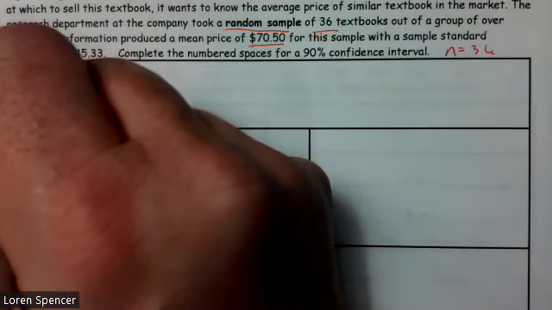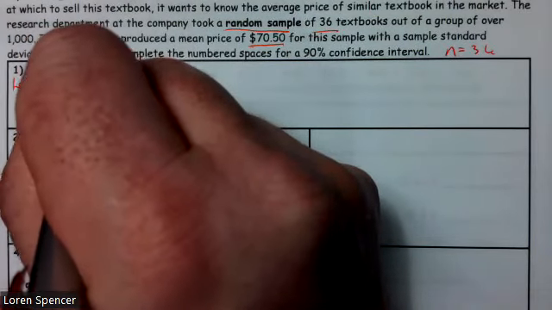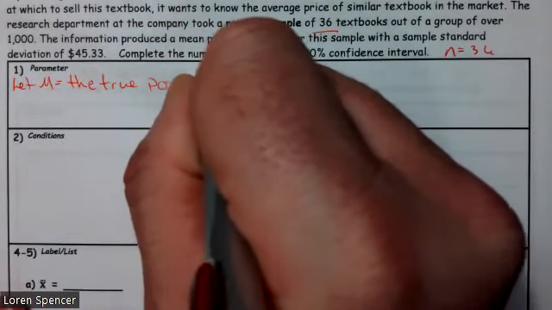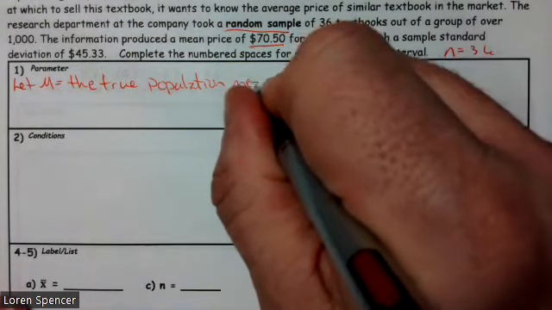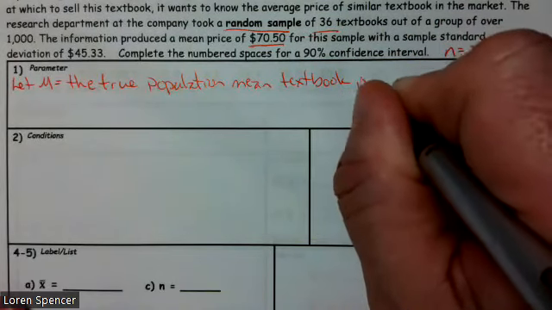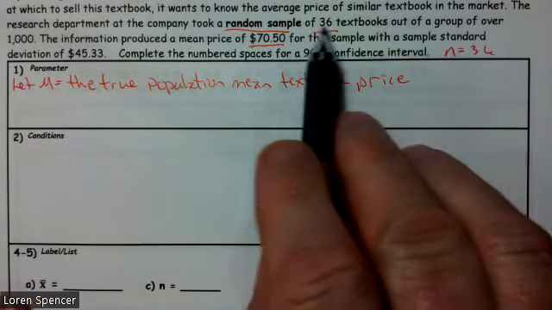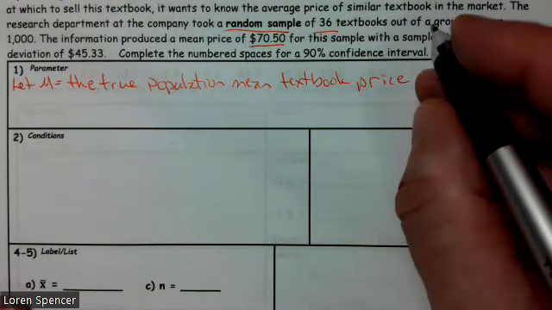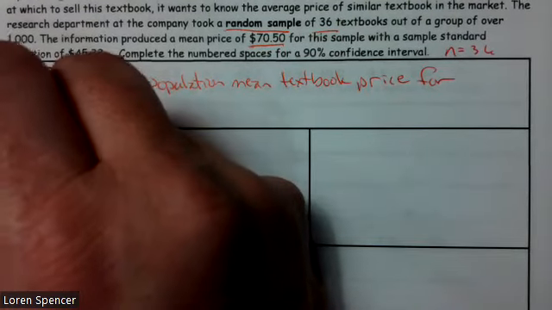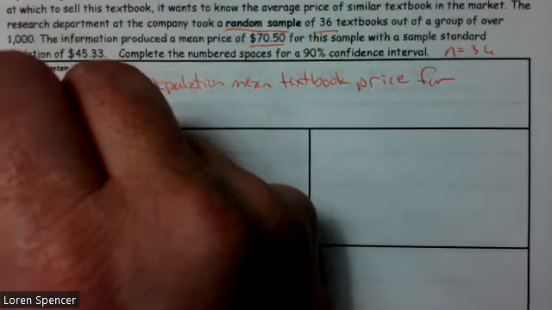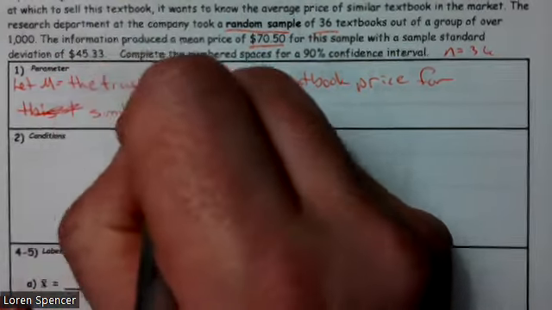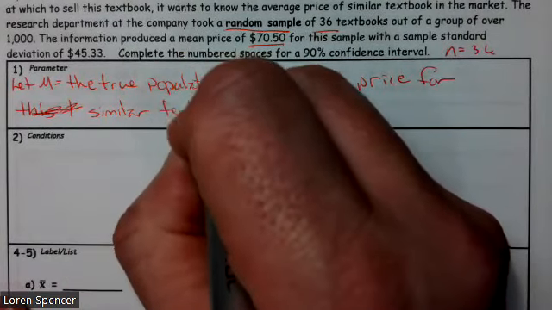So let mu equal the true population mean textbook price for similar textbooks. We'll go with similar, because it's not for all textbooks, it's just for the ones that are similar.